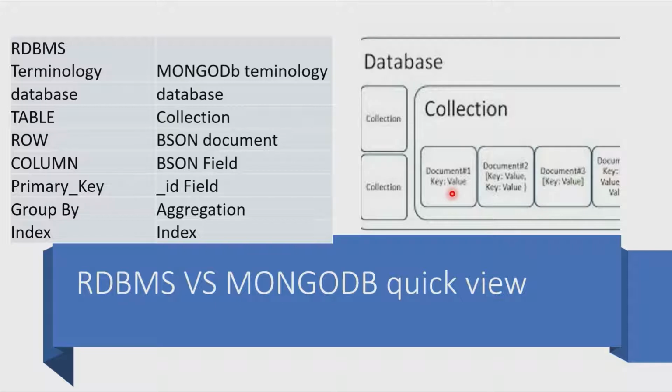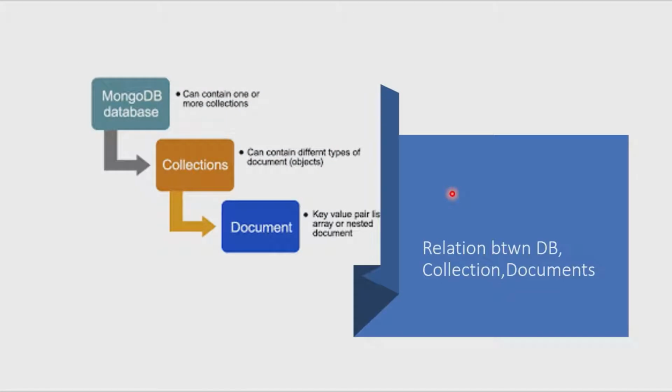So this is a quick overview, or kind of difference, between MongoDB and RDBMS terminology. Again, this is a pictorial view of MongoDB. At the top, you have the MongoDB database. A database will have n number of collections, and the collections will have n number of documents.